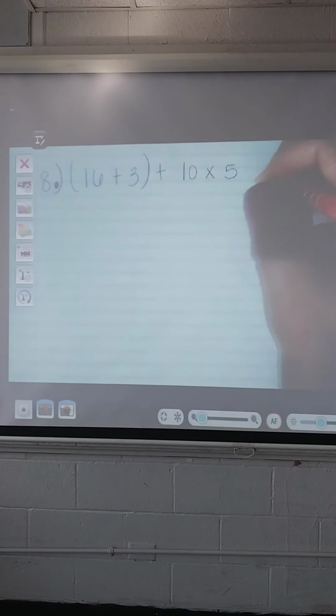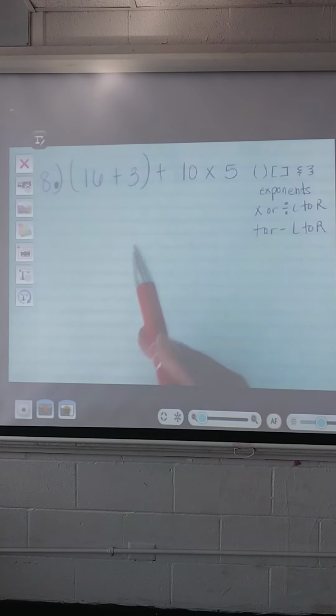So again, what you have to do is parentheses, brackets, braces. We said we don't have any exponents, but still, I have to think about that. Multiplication or division, left to right. Addition or subtraction, left to right.